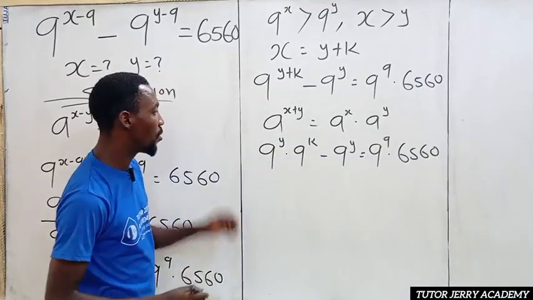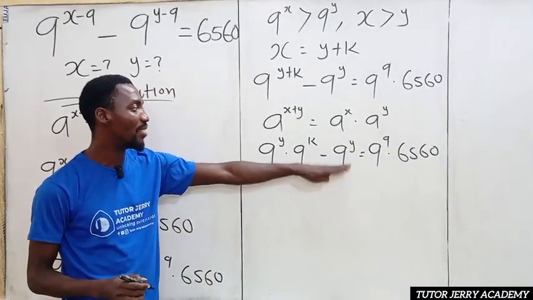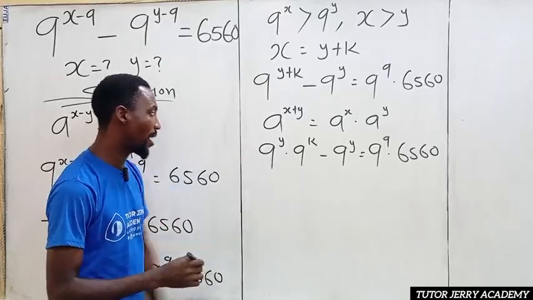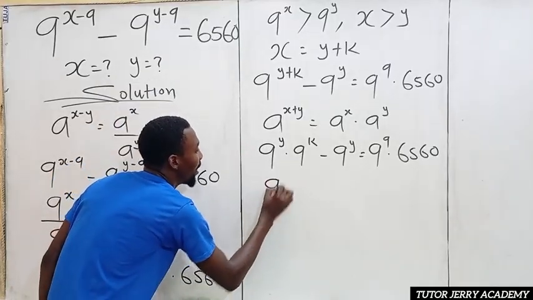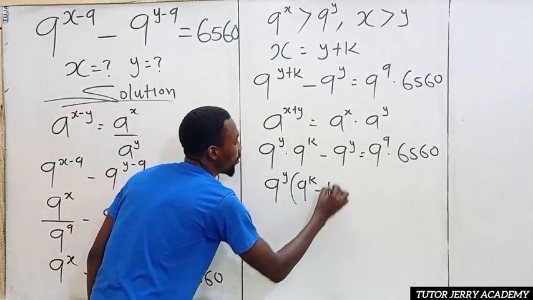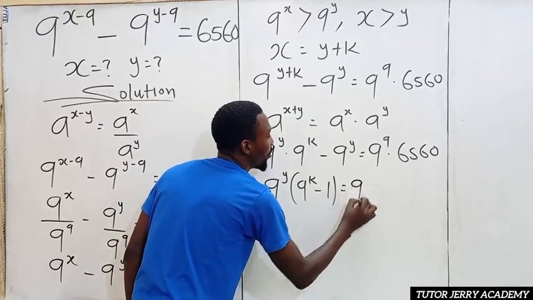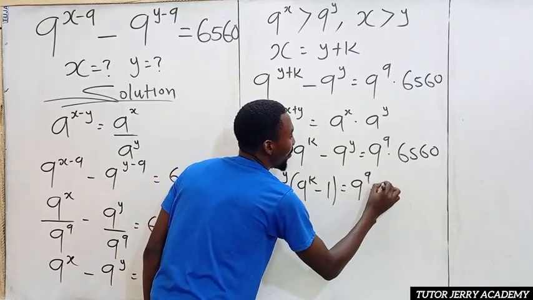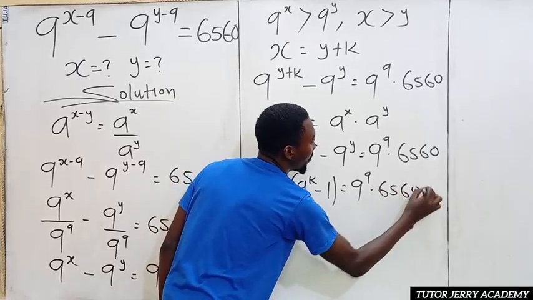Alright, so if we look at this carefully, you observe that 9 to the power of y is common. We factor it out. So we are going to have 9 to the power of y into 9 to the power of k minus 1 equals 9 to the power of 9 multiplied by 6,560.